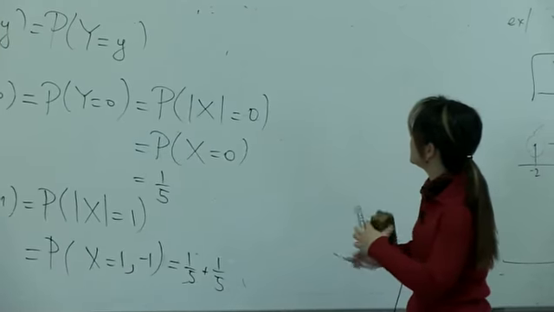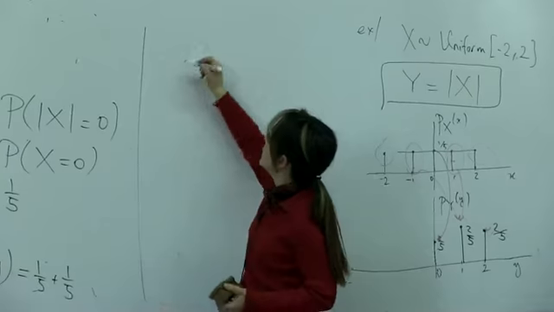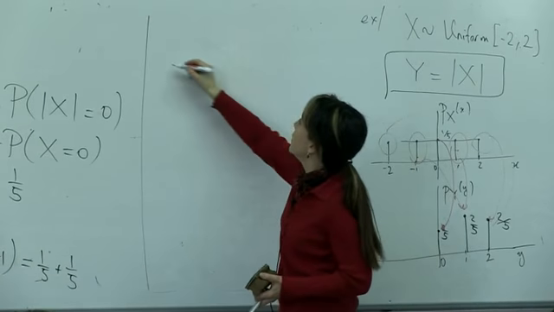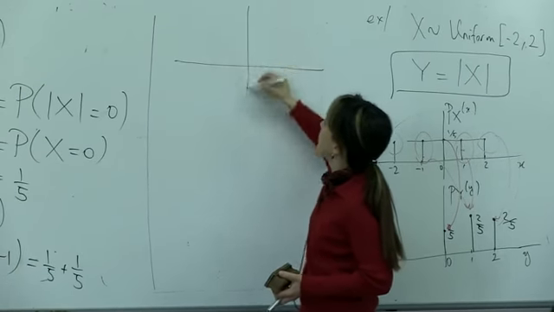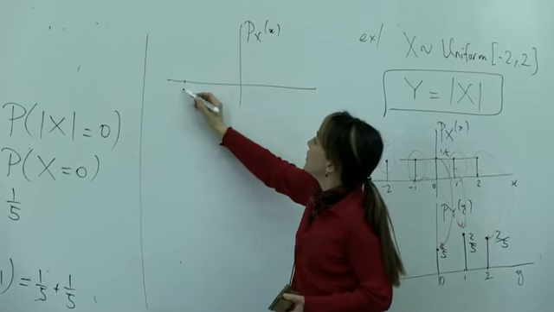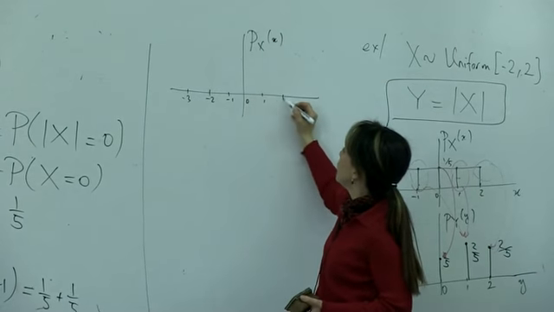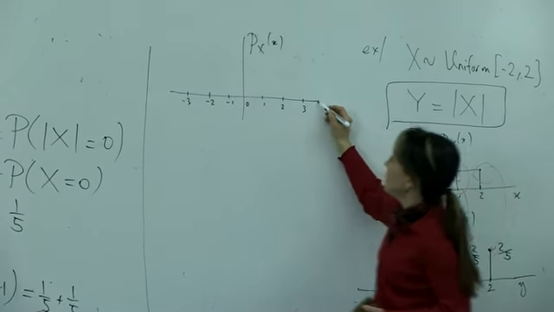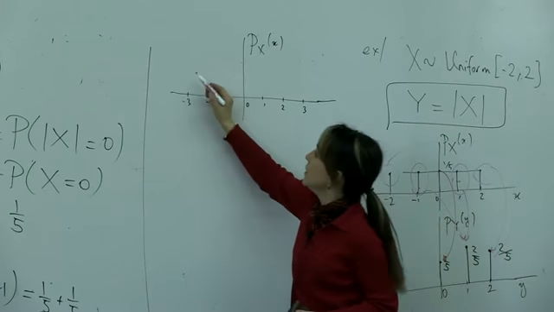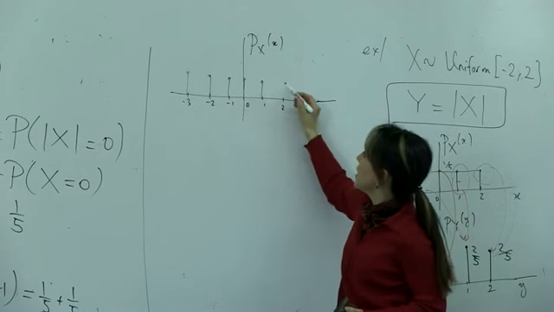Okay, let's write this here. Basically, previously, px of x was uniform from -3 to 3, and its PMF was constant.